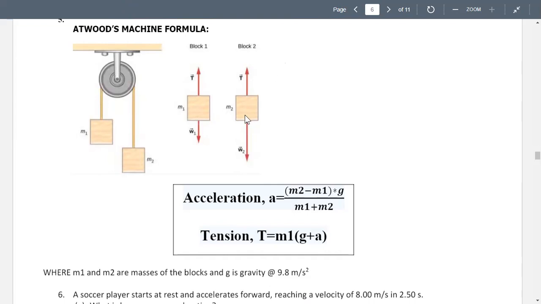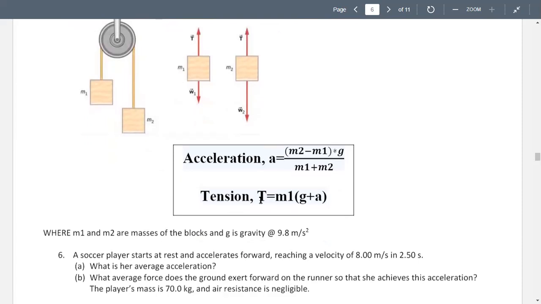Although the variables are different. The second block with mass M2, its tension is pointing upwards and its weight points downwards. The acceleration here, a, would be equal to the mass of the second block minus the mass of the first block, multiplied with the gravity, all over the summation of the masses of blocks 1 and 2.